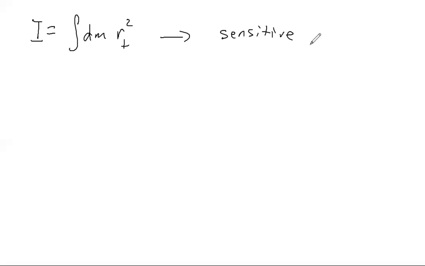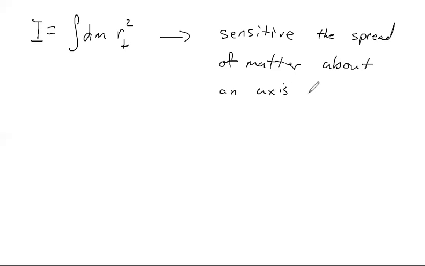I don't mean they're in touch with their emotions. I mean they are sensitive. They know about the spread of matter about an axis. And the more spread out the matter is, the larger the moment of inertia will be.